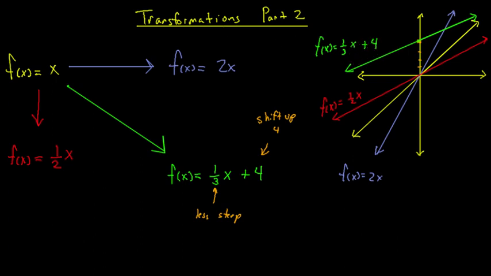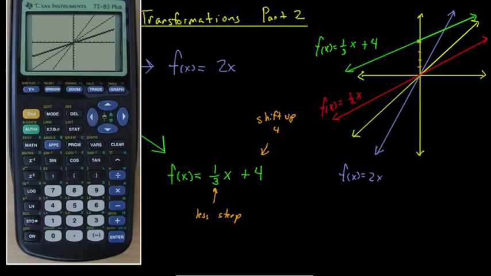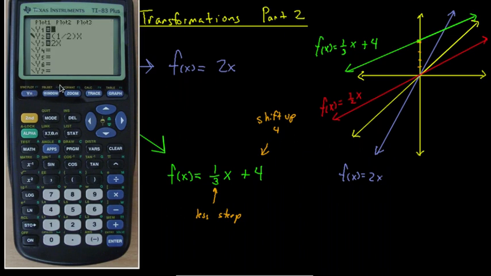Alright, so get my calculator out, and let's see, got that. Yeah, I'll put it right here. Okay, so I'm going to go to y equals, and I'm going to leave the base function in the first slot there, and then I'm going to punch this in. So 1 divided by 3, close parentheses, x plus 4.